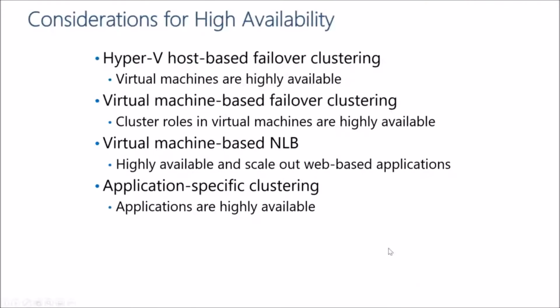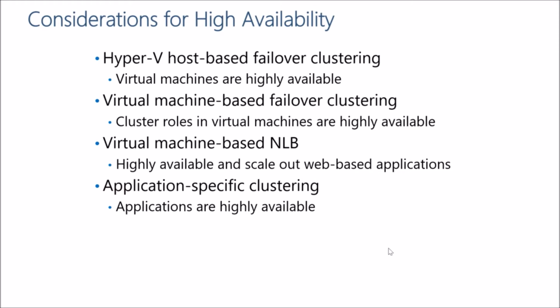All right. So, considerations for high availability. Hyper-V hosts have failover clustering that we'll talk about in the future. There's also virtual machine-based clustering, which means the virtual machines themselves can be clustered, so cluster roles in the virtual machines are highly available. There's virtual machine network load balancing, for highly available and scale-out web-based applications.